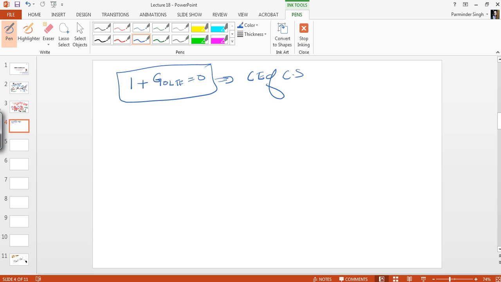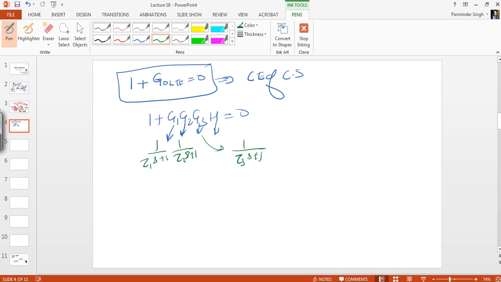Clear? Now the characteristic equation we know is the product of G1, G2, G3, H, plus 1, equal to 0. Now if we put in the transfer function values, let's say G1 is 1 upon tau 1 s plus 1, G2 is 1 upon tau 2 s plus 1, it can be anything, it can be second order, let's write tau 3 s plus 1, and the measuring element, again a dynamic lag, so 1 over tau m s plus 1.